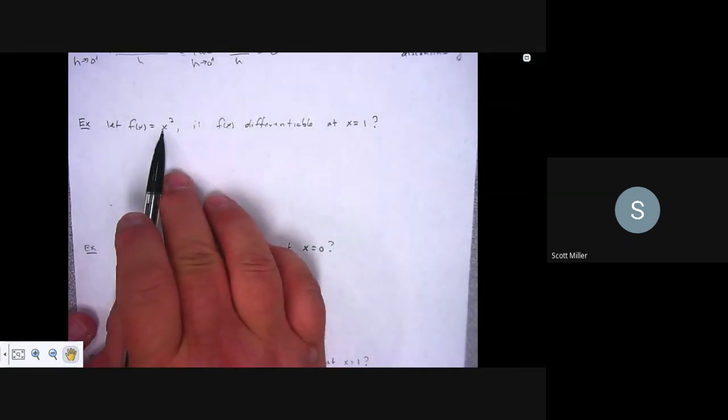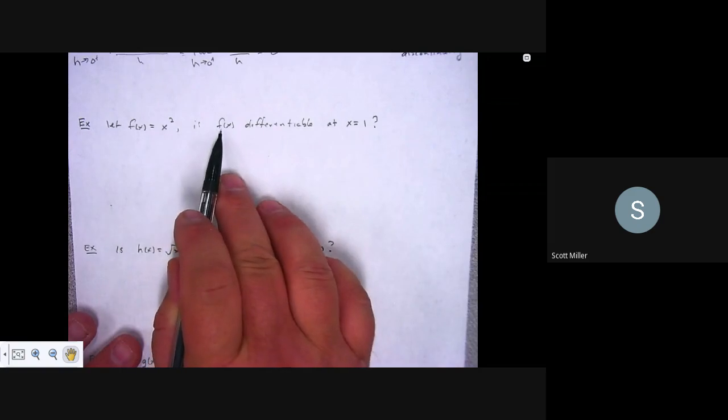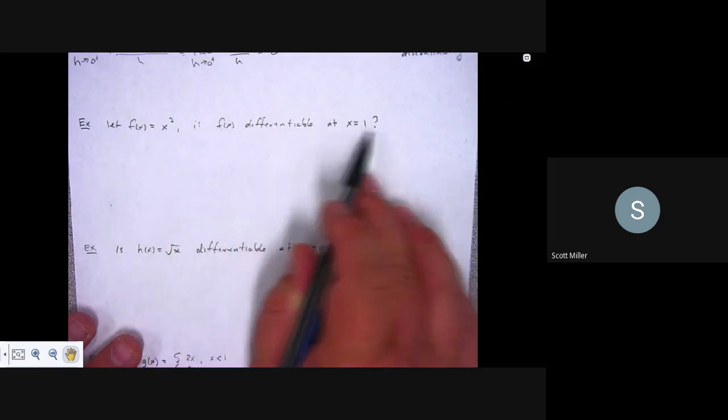So here's a function, f of x equals x squared. Is f differentiable at 1? Again, let's go through this process. The limit as x approaches 1 from the left of f of x minus f of 1 over x minus 1.